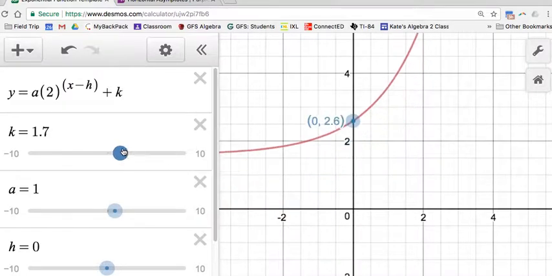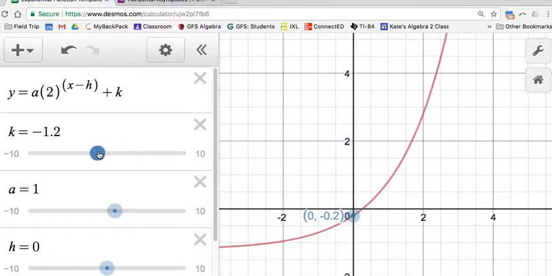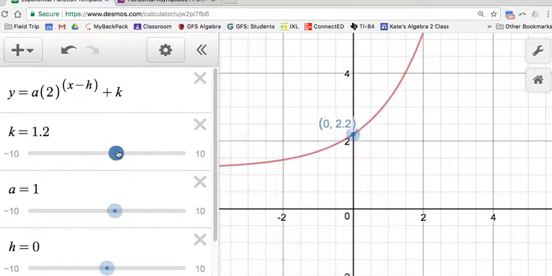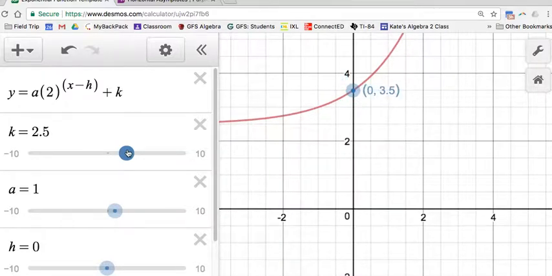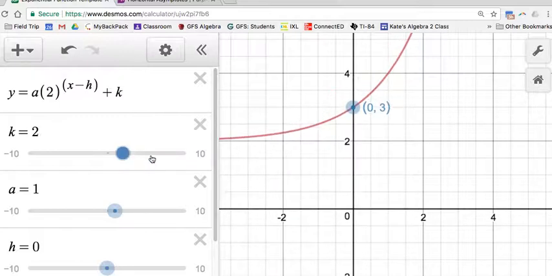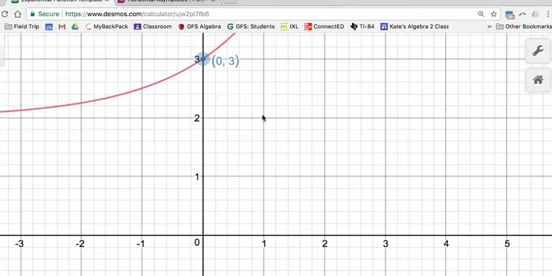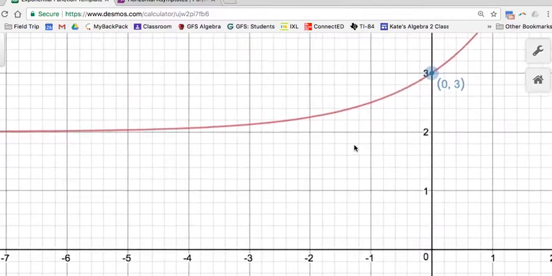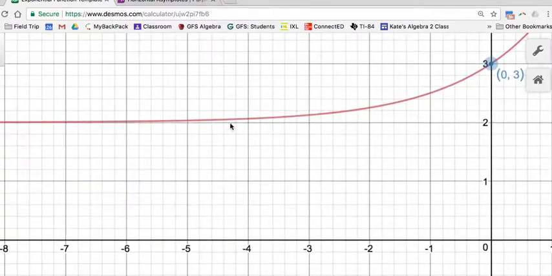But as I start to play around with this k value, as it goes up above 0, notice that the entire graph shifts up and the horizontal asymptote shifts. For example, if I set k to 2, notice that this horizontal asymptote, the place that it's getting closer and closer to without ever going over, is now the value of 2 instead of the value of 0.